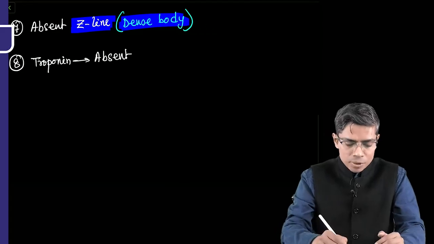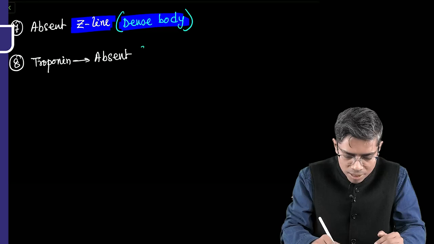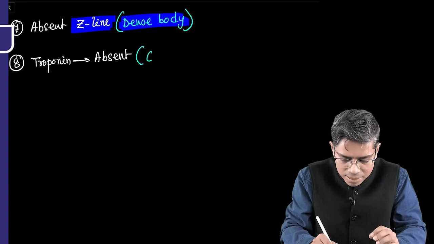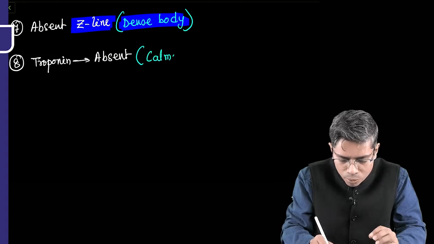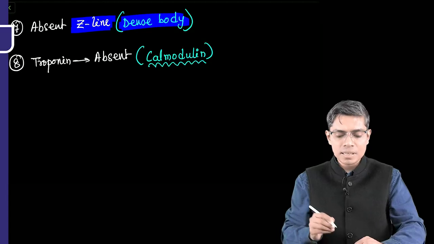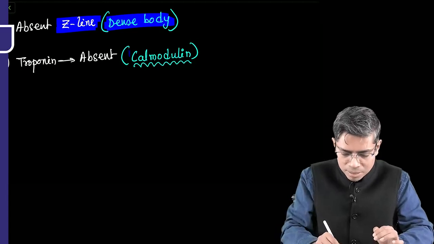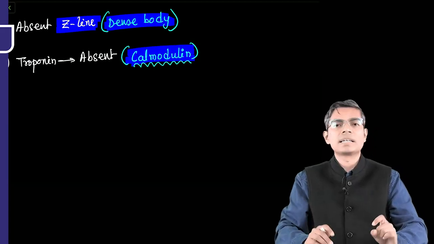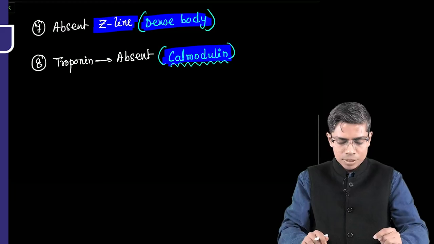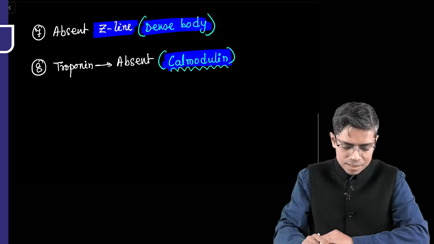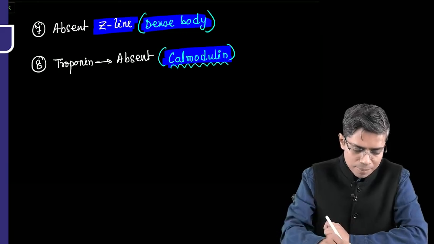If the calcium binding protein is absent in smooth muscle, you must have another calcium binding protein, and that is known as calmodulin. Very, very important. So the calcium binding protein in smooth muscle is calmodulin. Multiple times this question has been asked in MCQs, so you cannot forget calmodulin. Calmodulin is present, but troponin is absent.